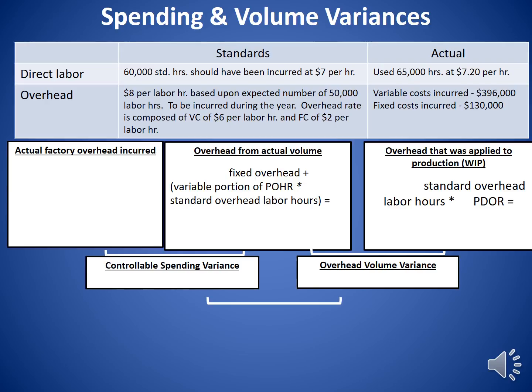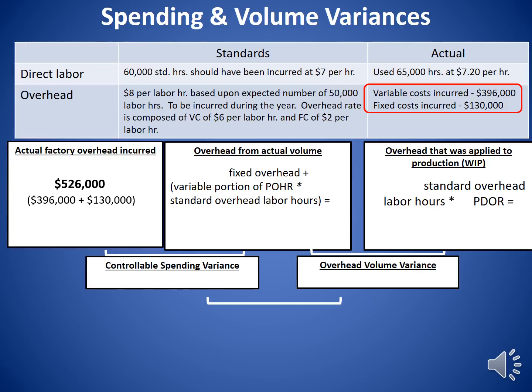We see variable cost incurred of $396,000 and fixed costs incurred of $130,000. So we add those two together. Our actual factory overhead costs incurred are $526,000.